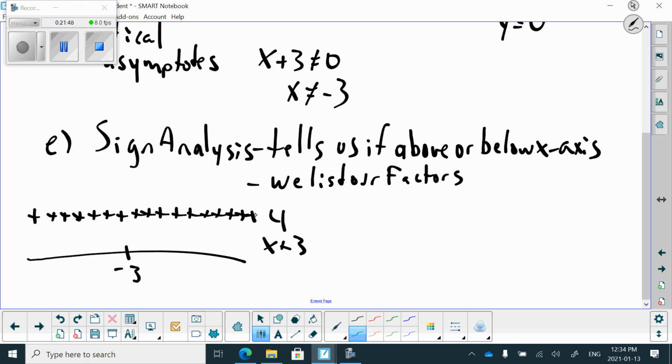Now, for the x plus 3, what happens at -3? We get 0. Yes, so we put that there. But before -3, like if I put a -4 or -5 or -2000, we're going to get what kind of answer? Is it positive or negative? Like -4 plus 3 is going to be what? Positive or negative number?